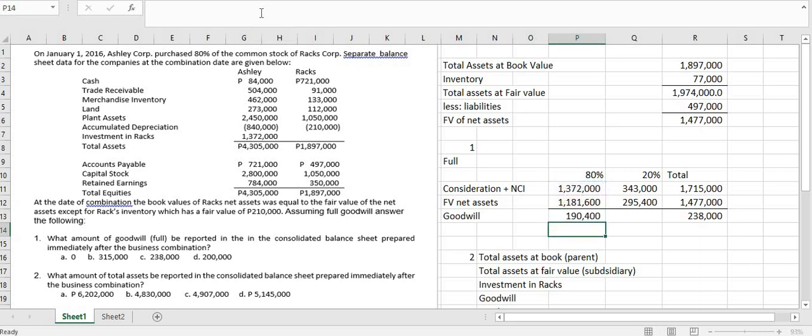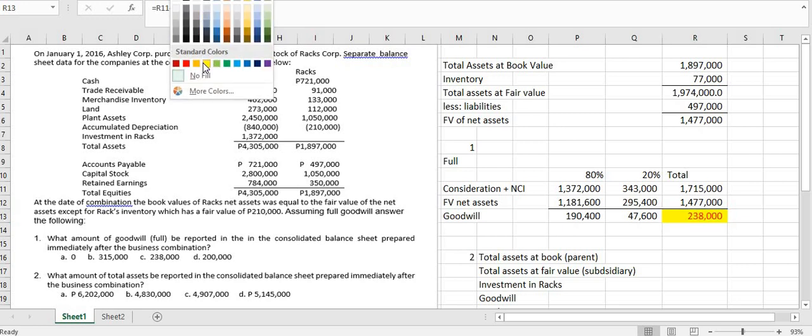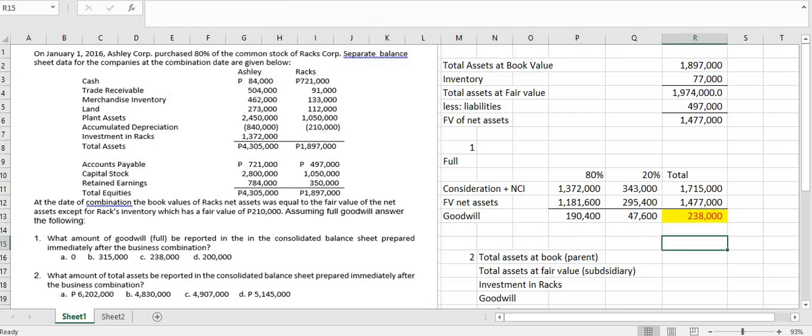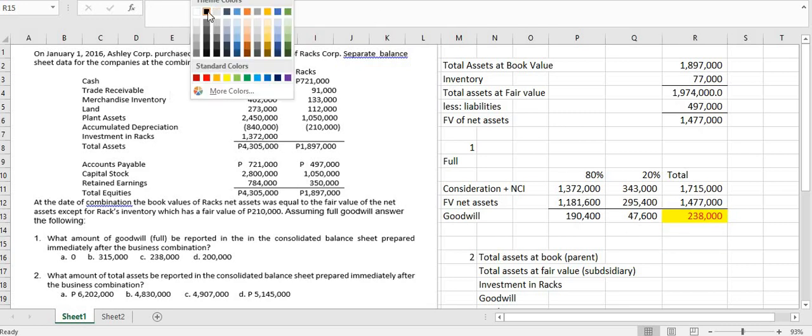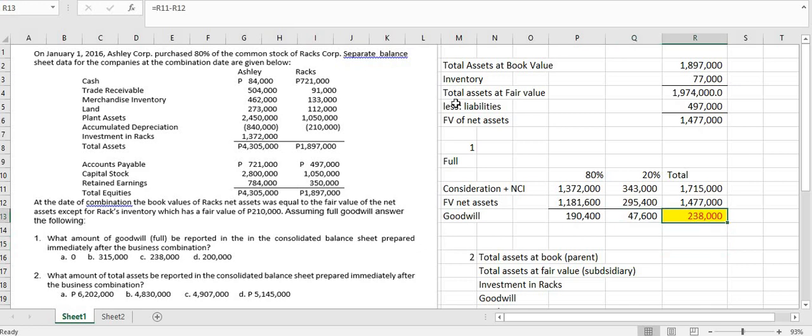Therefore our total goodwill is 238,000. The share of the controlling interest in the goodwill is 190,400.